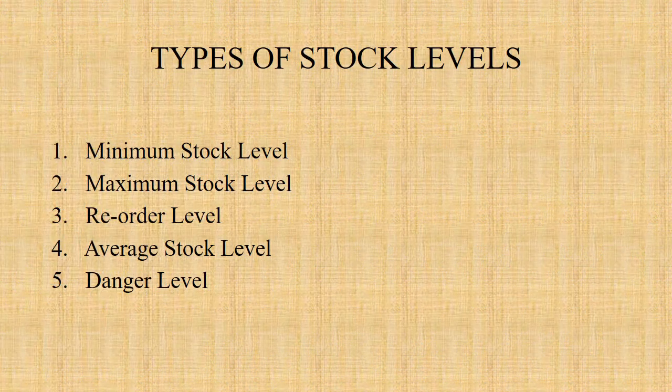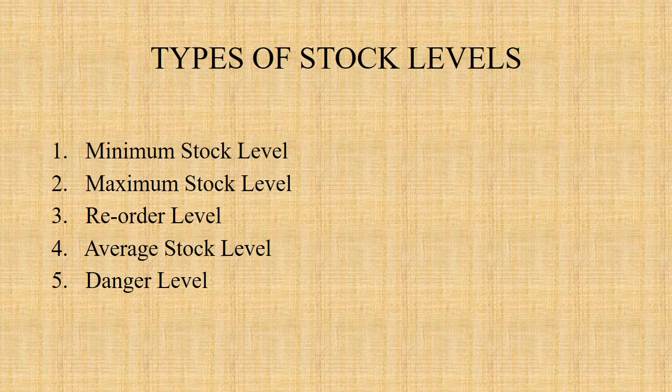There are 5 types of stock levels. Minimum stock level, the minimum level of the quantity of stock that should be held at all times. Maximum stock level, the level above which it should not exceed. Reorder level, this is the level at which order is placed for fresh supply of materials.